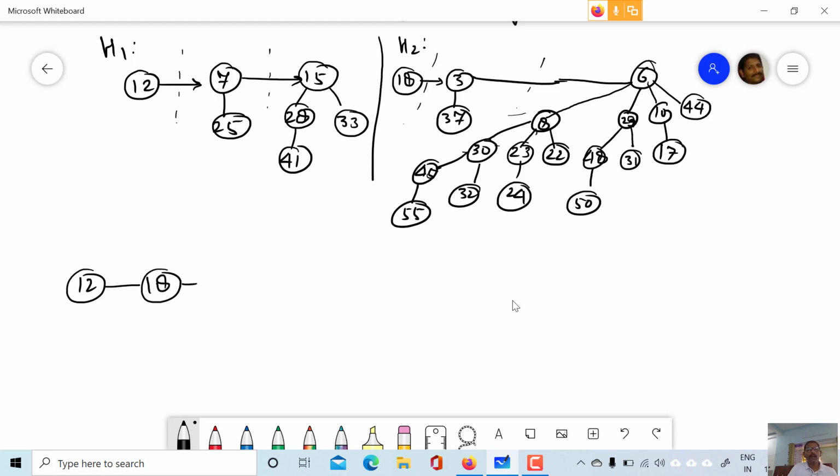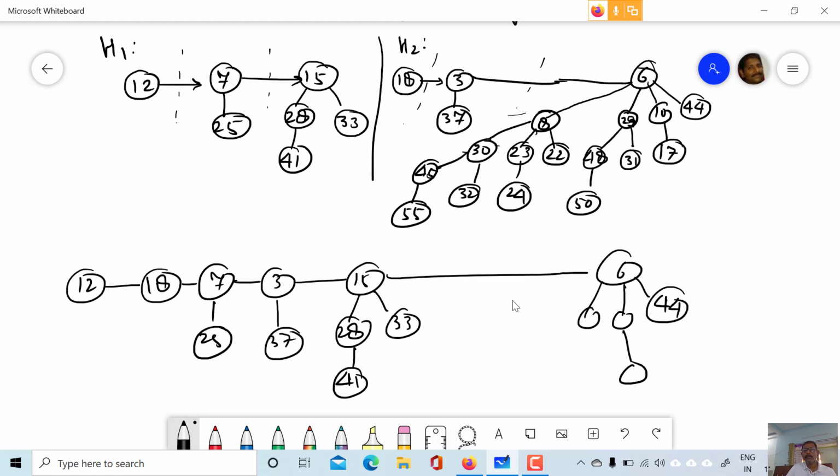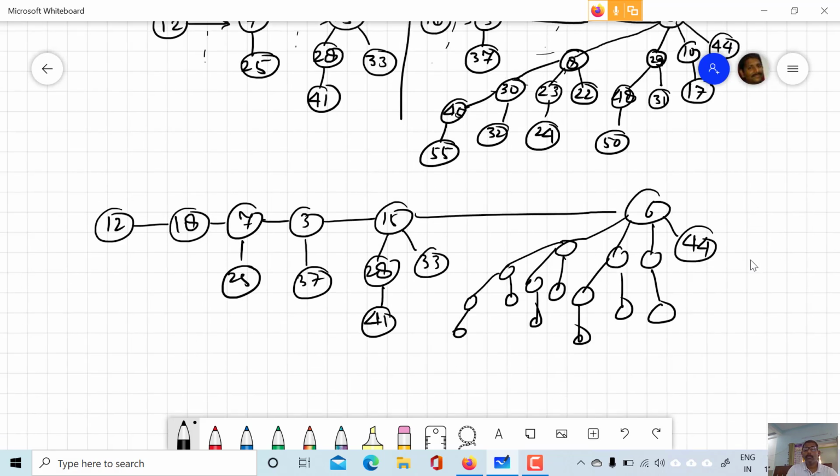After that 7 with 25 because its degree is 1, then 3 and 37, which also have degree 1. After that this node has degree 2, therefore 15, 33, and here 28 and 41, and in the last 6 with 44, 10, 17. In this way I have connected all the bonds.